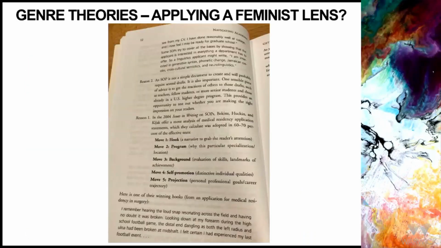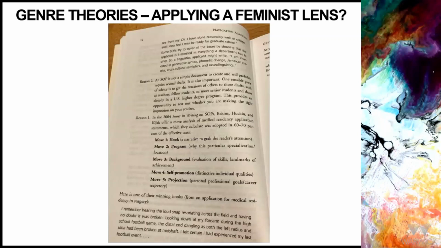Here you have the move analysis for statements of purpose. I think statements of purpose are used in the US context; here we would talk more about a personal statement when you're applying for a degree. They look at examples and identify these five moves. The first move is the hook, a narrative to grab the reader's attention.